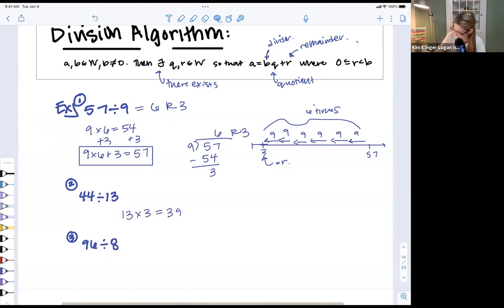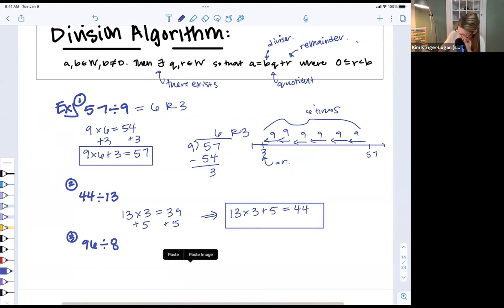And if I add 5 to both sides, I get 44 on the right. So 13 times 3 plus 5 is equal to 44 in terms of my division algorithm. What this really means in terms of remainders is that 44 divided by 13 is 3 with a remainder of 5. And this remainder of 5 is, of course, less than 13. That's this important piece.